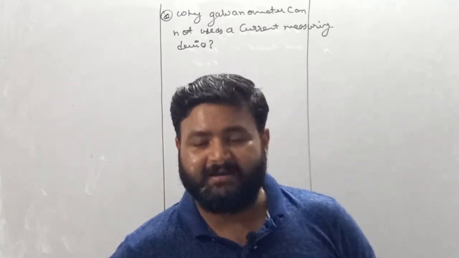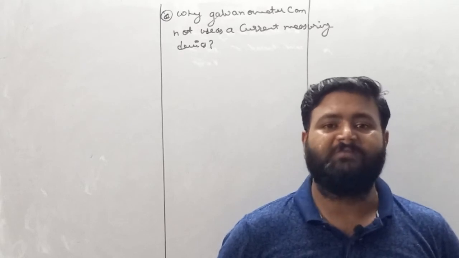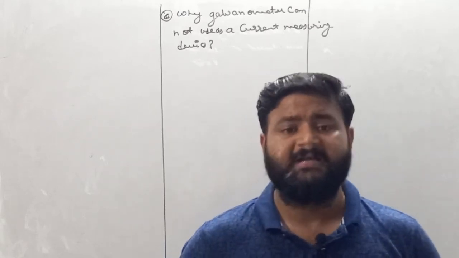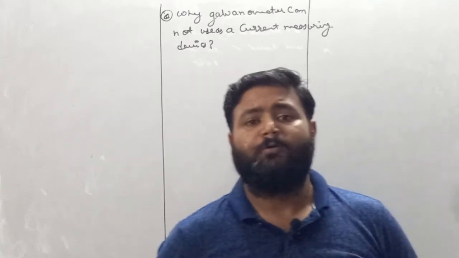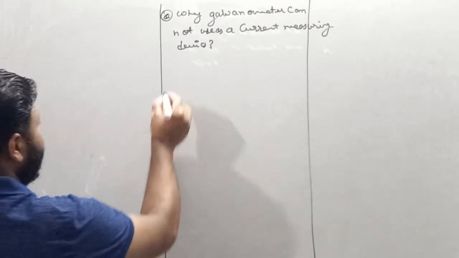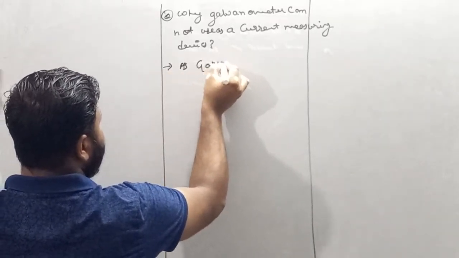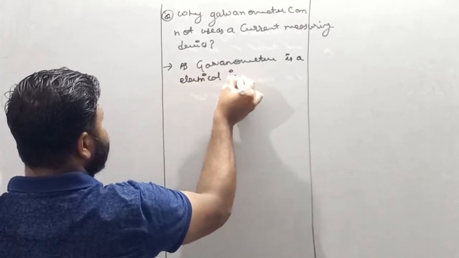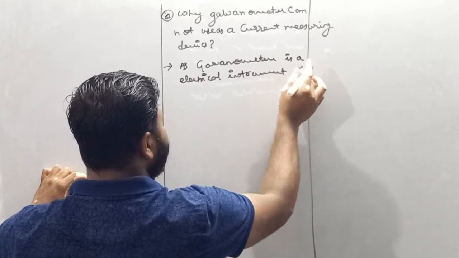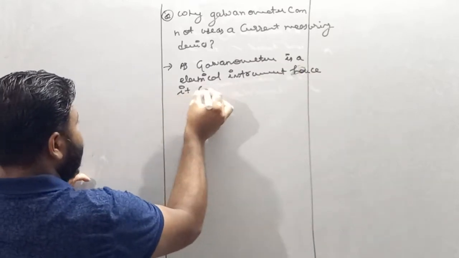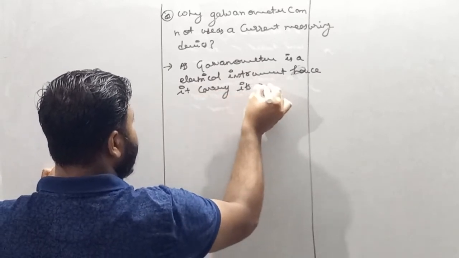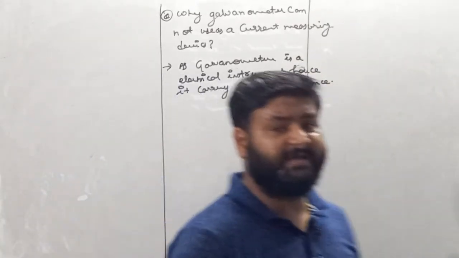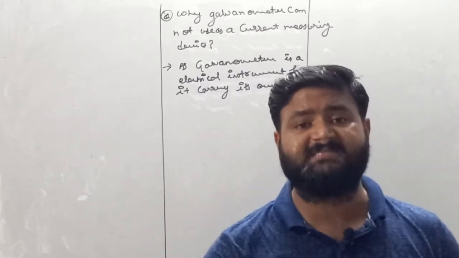I am repeating once again, every electrical instrument, not only galvanometer, whatsoever the electrical instrument is, carries some resistance of its own. So I am writing here, as galvanometer is an electrical instrument, hence it carries its own resistance.